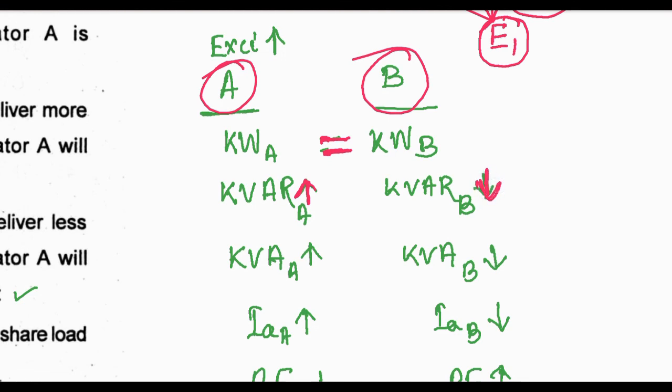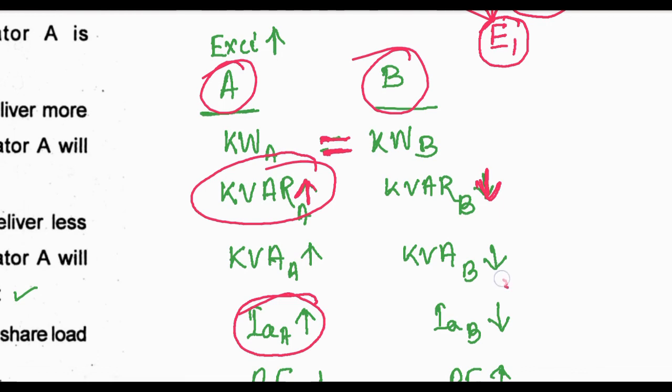So kVA, the apparent power, will increase for A because reactive power is increasing. This will give more current, so the armature current IA will increase, and in case of B it will decrease.